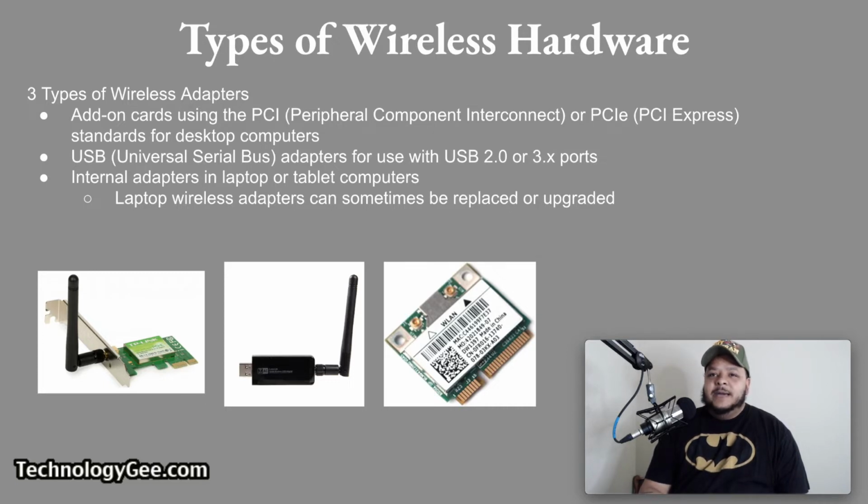Laptop wireless adapters can sometimes be replaced or upgraded. So if you look at the pictures here, the one on your far left is an example of a PCIe Wi-Fi card for a desktop computer. The one in the middle is a typical USB wireless adapter, and the one on the right is a typical laptop wireless adapter.